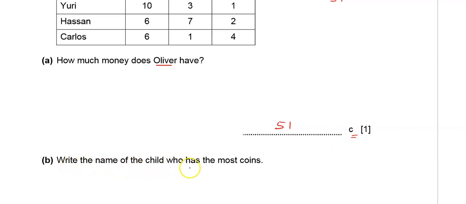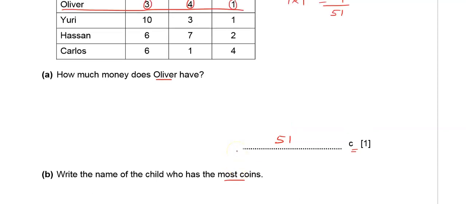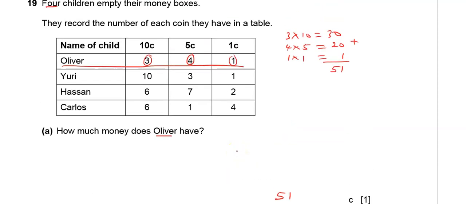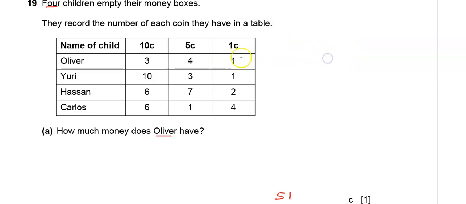Write the name of the child who has most coins. Most coins. So for most coins, we just multiply. For Oliver, we have found he has got 51 coins. Let's do for Yuri.